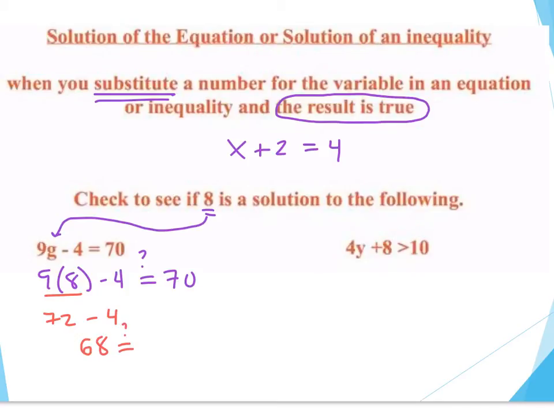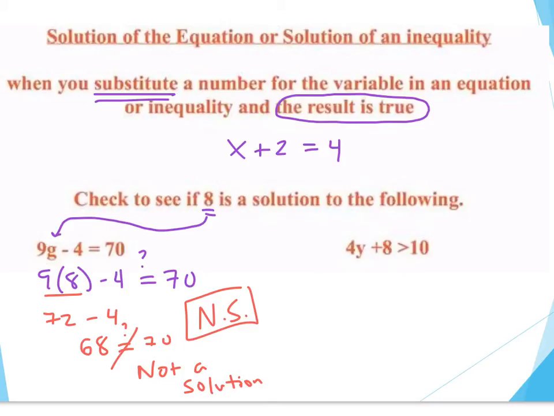Does that equal 70? No, that does not. So does that mean 8 is a solution to this problem? This means 8 is not a solution. The way I sometimes have you label this is NS, meaning no solution.